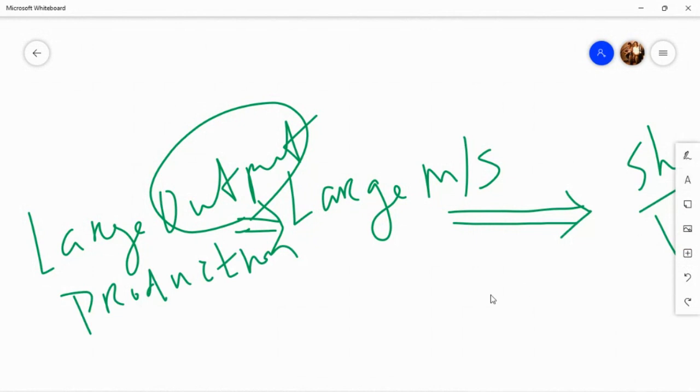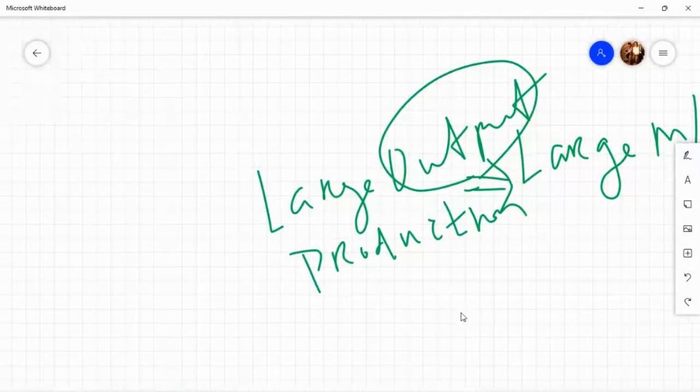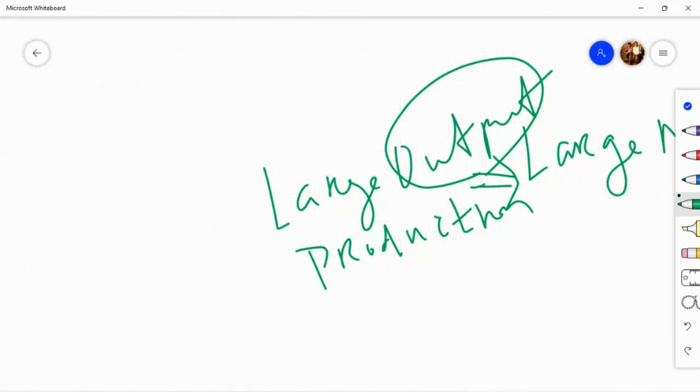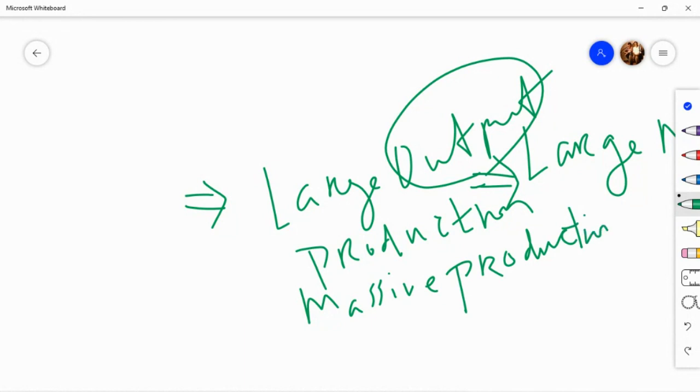But then to be able to produce such a large scale, you must have massive production capacity. And the massive production capacity can only come from what? What do you think? Capital. Yeah, large capital investment.